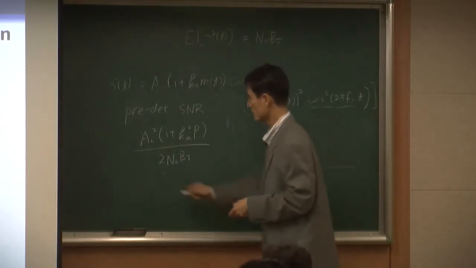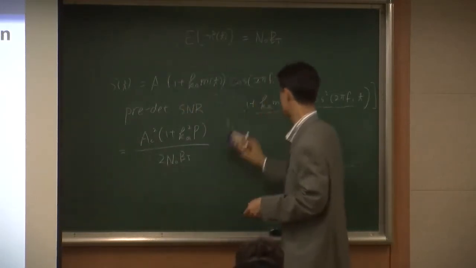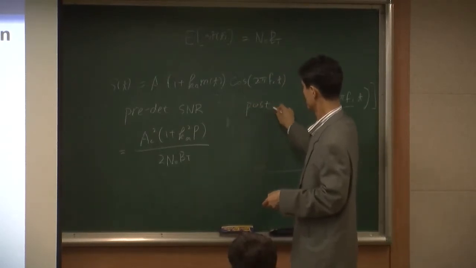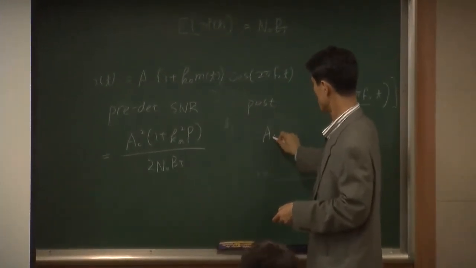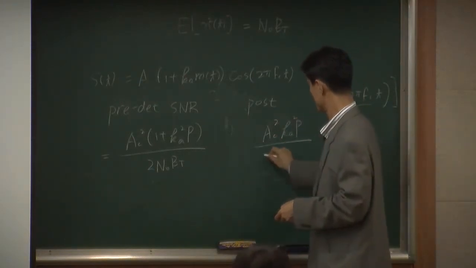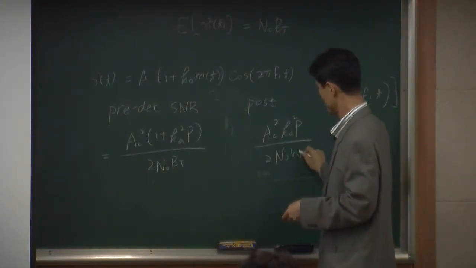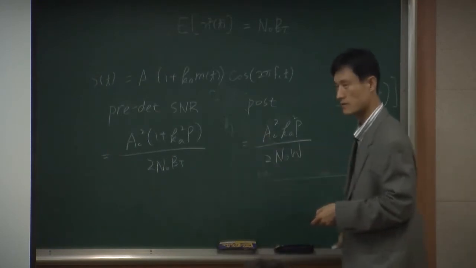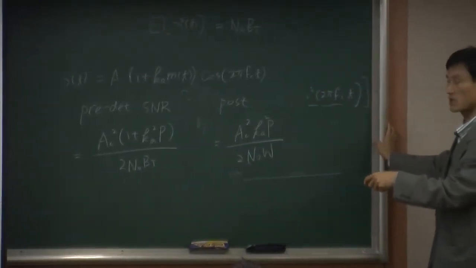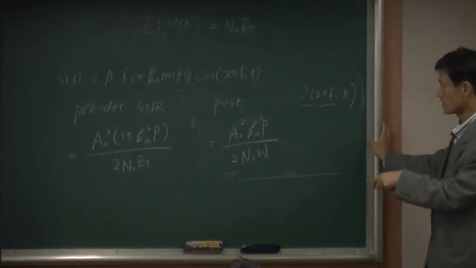This is a pre-detection SNR. And post-detection SNR was this one. Okay? So we have a pre-detection SNR of this much and post-detection SNR of this much.